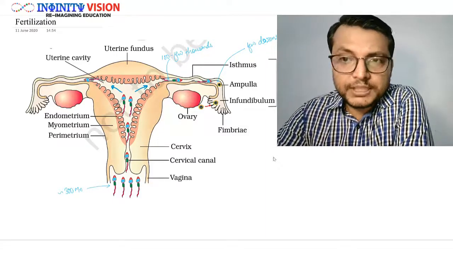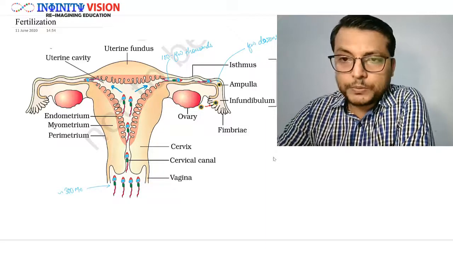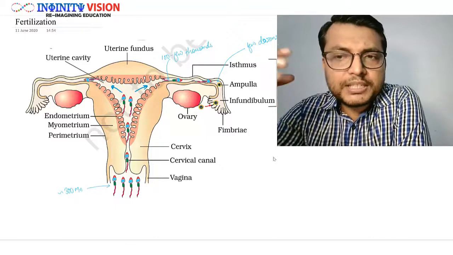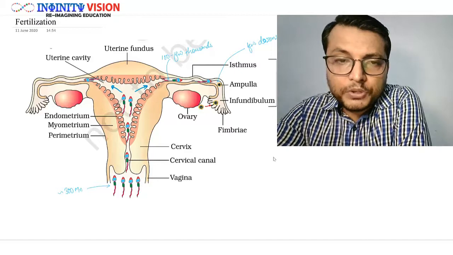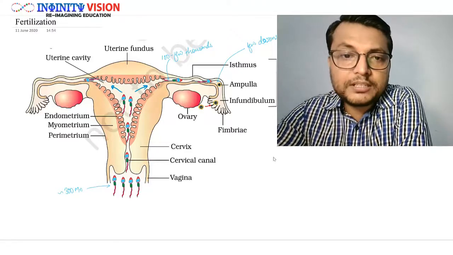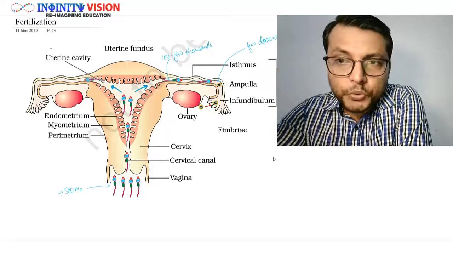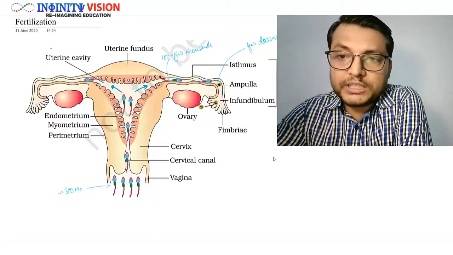What is fertilization? We have been reading this since lower classes, that the process of fusion of gametes to form zygote is called fertilization.